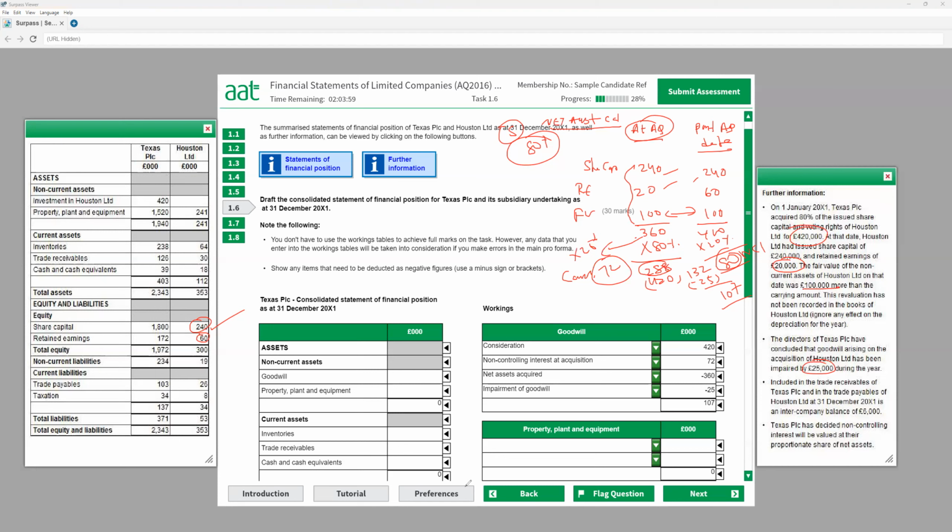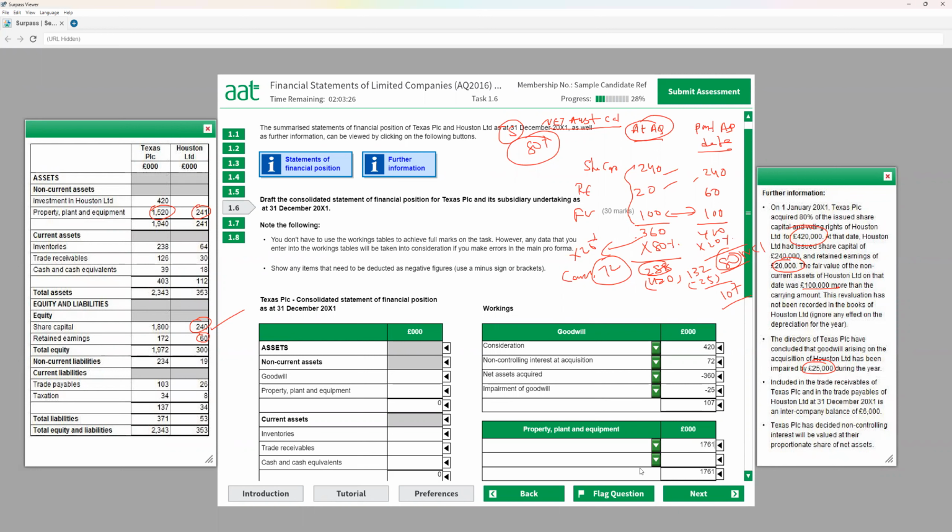All right, the PPE, let's quickly do this one, property, plant and equipment. We have to add together the subsidiary and parent. So 241 plus 1520, that will give us 1761.